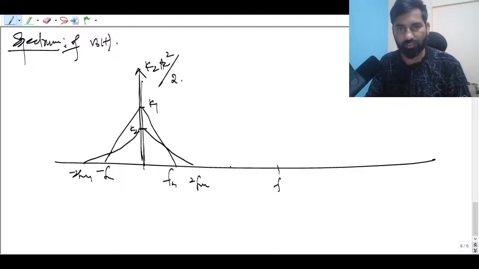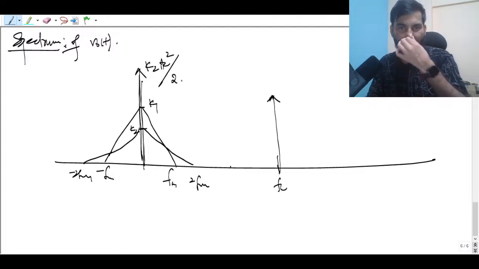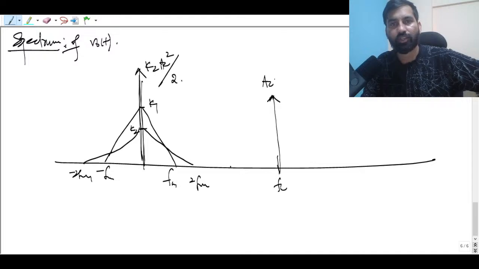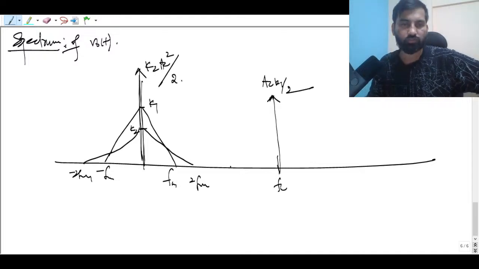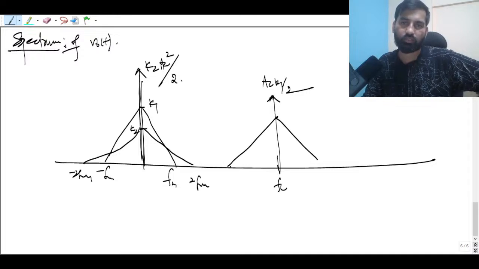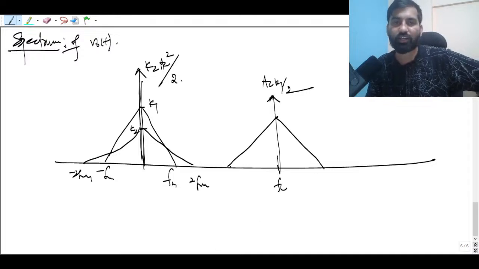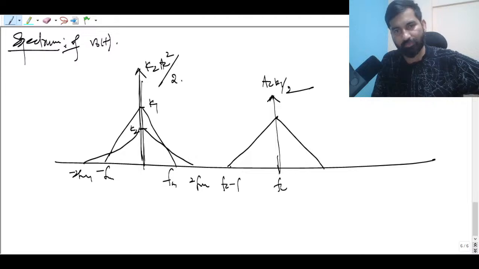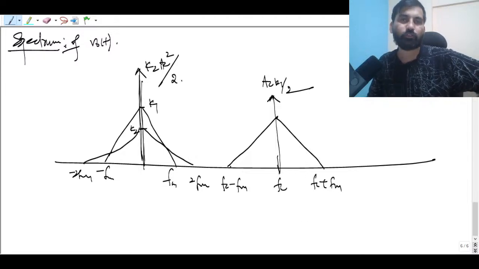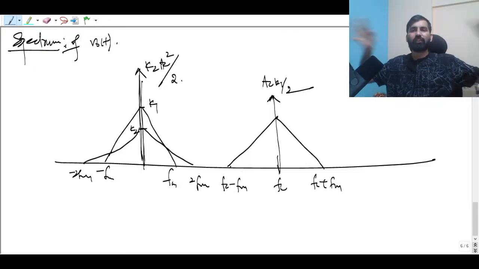This is fc, very high frequency, and there will be one carrier as well, having the same height, that is Ac k1 by 2. And then this is nothing but your modulated signal, which is fc minus fm, fc plus fm.